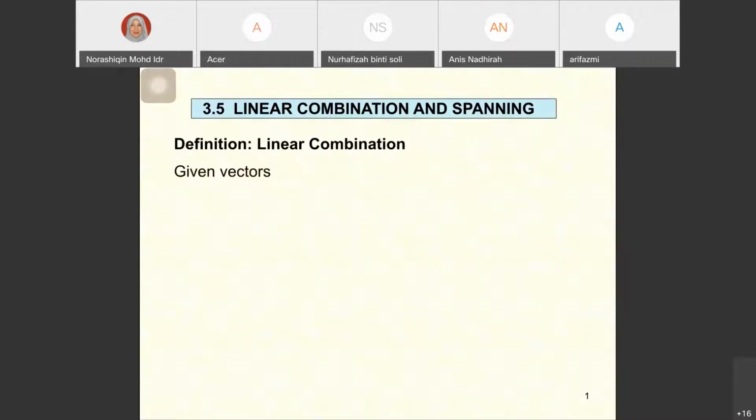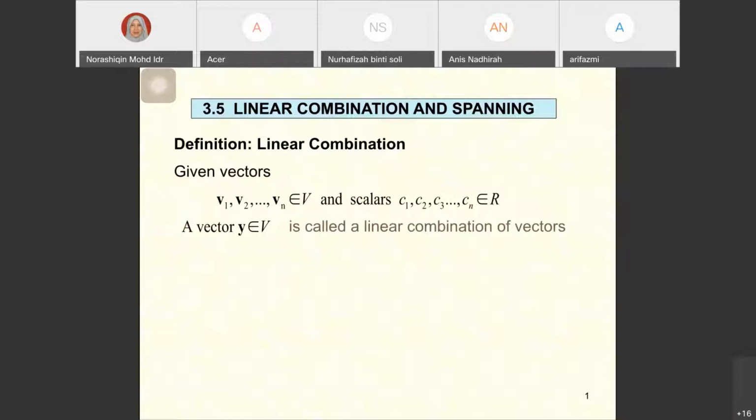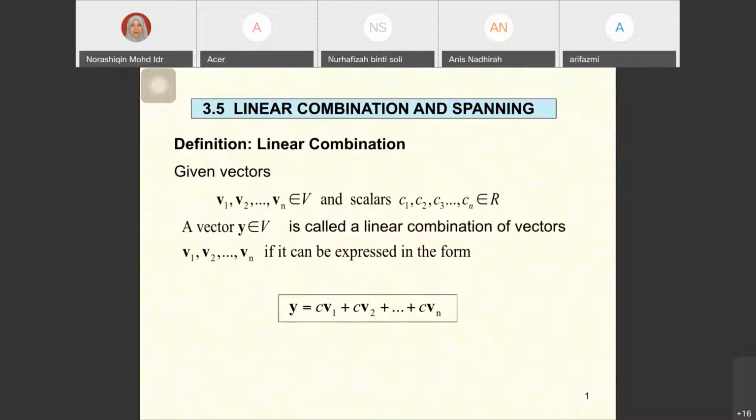You are given vectors b1 until bn in V, and scalars c1 until cn in R. A vector y is called a linear combination of the vectors b1, b2 until bn if it can be expressed in the form y equal to c1b1 plus c2b2 plus dot dot dot plus cnbn.